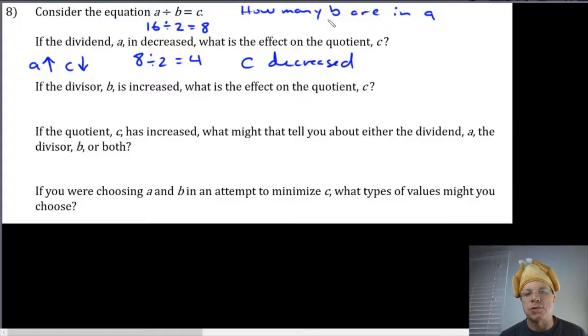So let's go back up to this statement. If this divisor is increased, so if we're asking how many B's are in A, if B is larger, shouldn't there be fewer B's in A if B is larger? So C again should be decreased, I think, looking at that statement. But let's go back to our original equation. 16 divided by 2 is 8, and let's increase B. So instead of 2, let's make B 4. 16 divided by 4 is 4, so yes, C is decreased from 8 to 4.